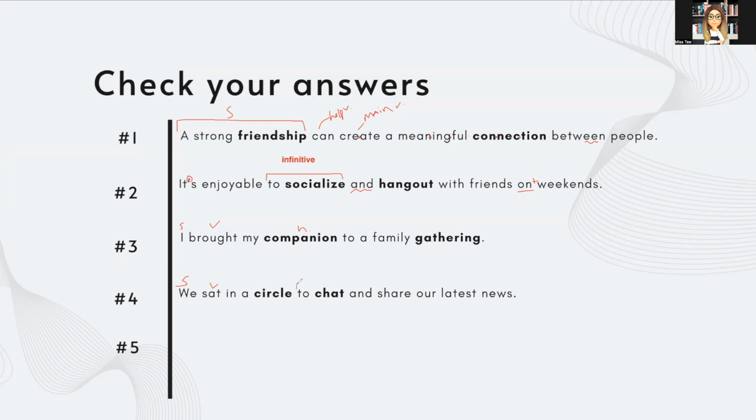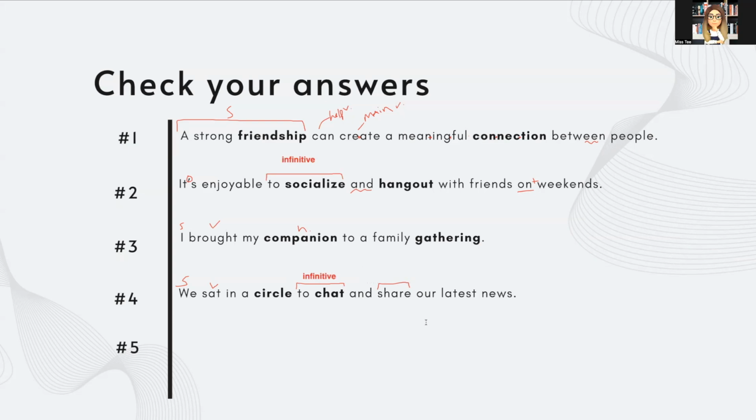Now here's our infinitive. To chat, and we could say to share, but like I said, we are lazy, so we don't need to say to twice, but it is technically an infinitive. Just imagine that this to carries on over here. So we have infinitive and infinitive again, and that is glued together by the same conjunction that we saw before, and.